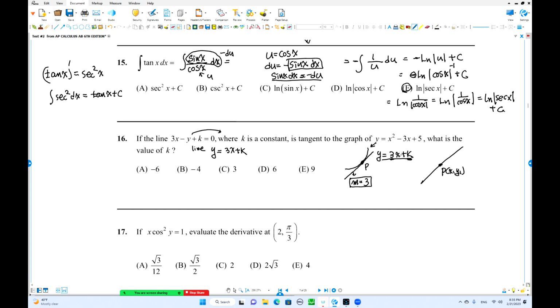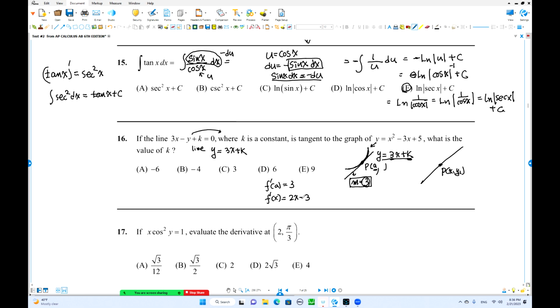Our goal is to find the point. At this point, the slope is 3, right? Let the x coordinate be a. f prime of a equals 3, isn't it? The derivative of this curve at x equals a is equal to the slope, 3. Now f prime of x is 2x, and the derivative of minus 3x is negative 3.